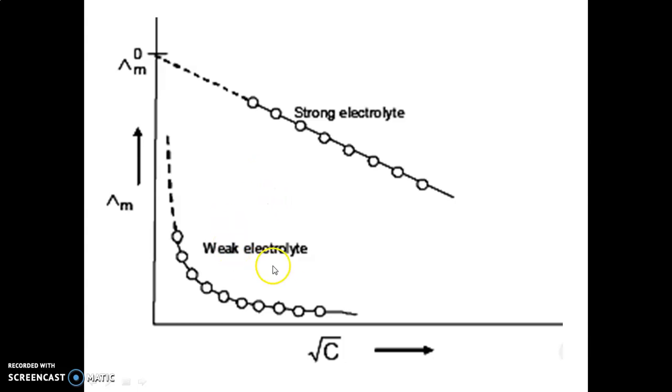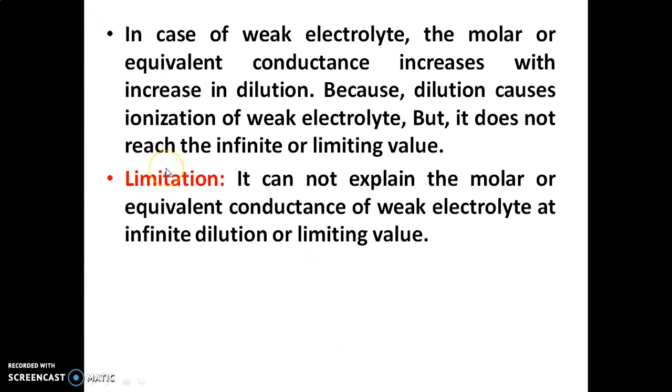In the case of weak electrolyte on dilution, the number of ions increases, but it will not reach the limiting value. The line is moving parallel to the y axis. Therefore, we cannot find out molar conductance of weak electrolyte at infinite dilution by using the Debye-Huckel-Onsager equation. It's the limitation of this equation.